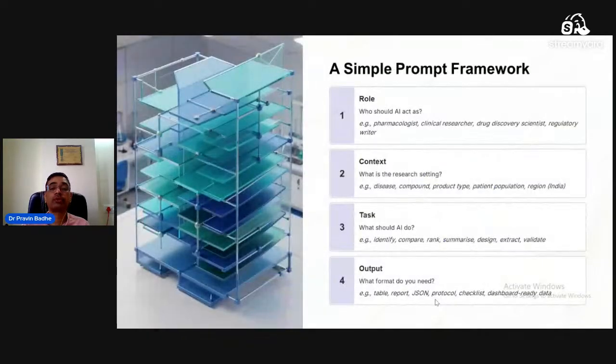I told you about the role. You should give a role: pharmacologist, clinical researcher, drug discovery, or regulatory writer, based on what you want to develop in your research. Then the context, then the task, and then the output. Output can be a table, report, JSON, protocol, checklist, or dashboard.